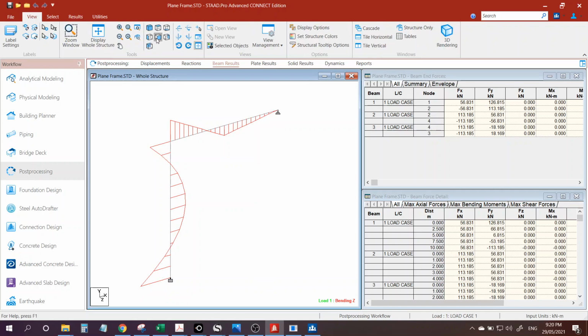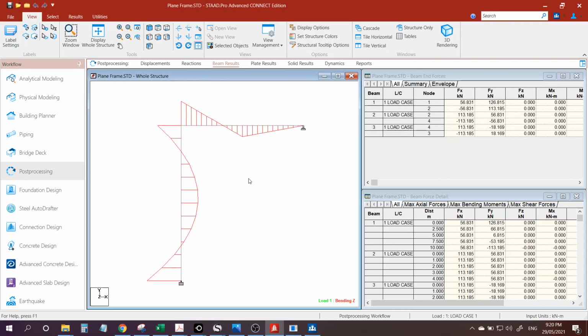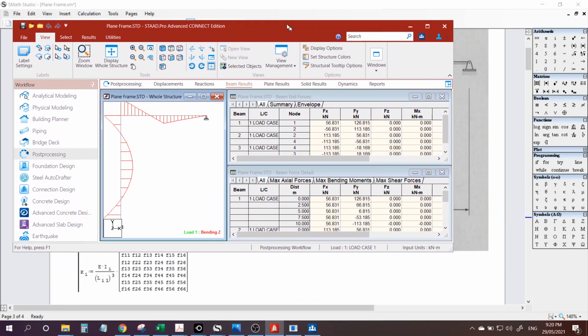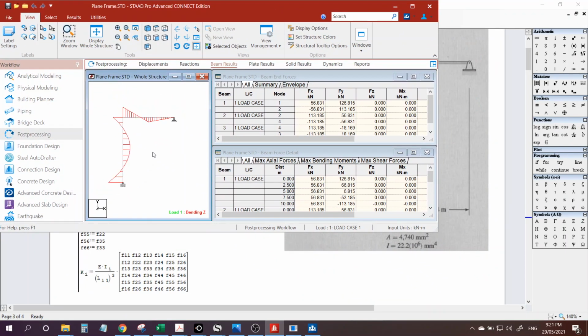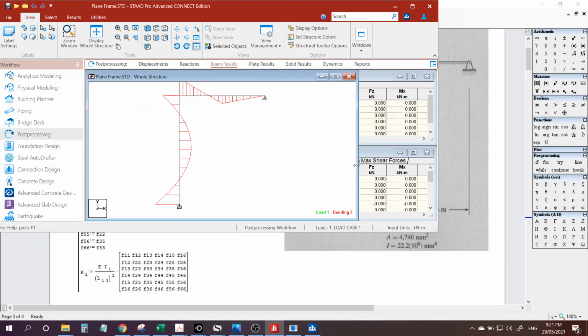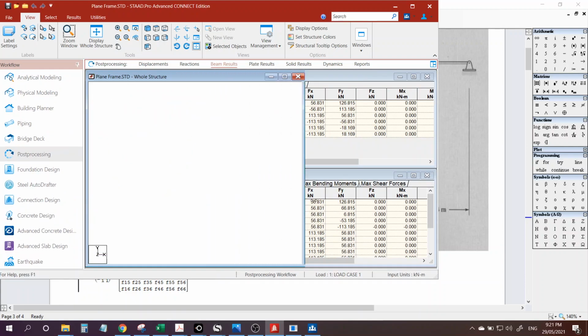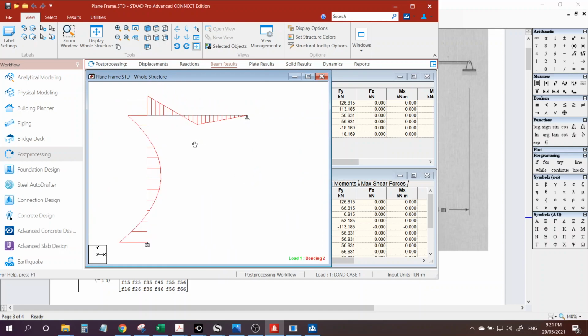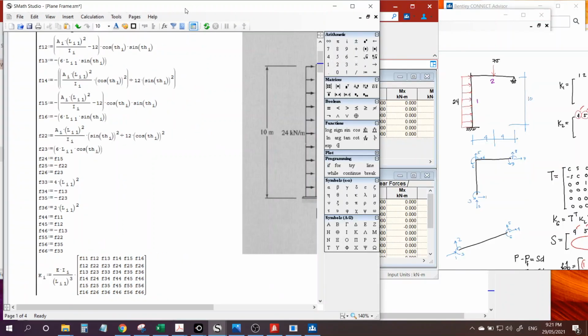View. Okay, so minimize this. Actually, this is the SMAT file.